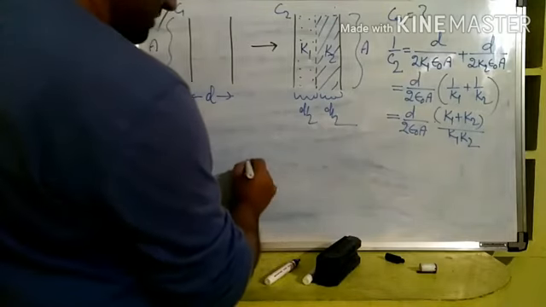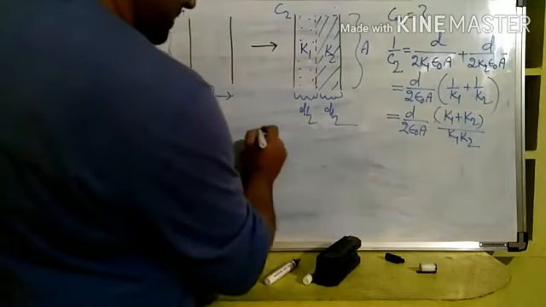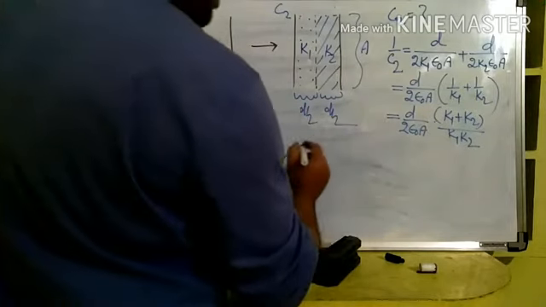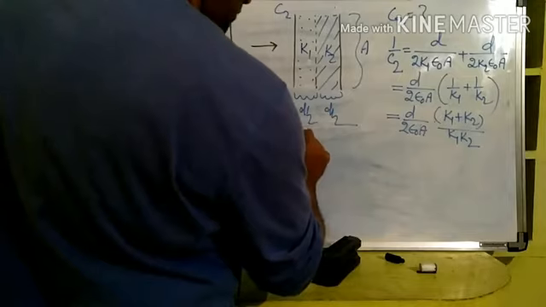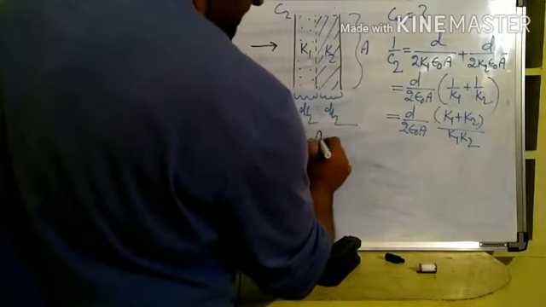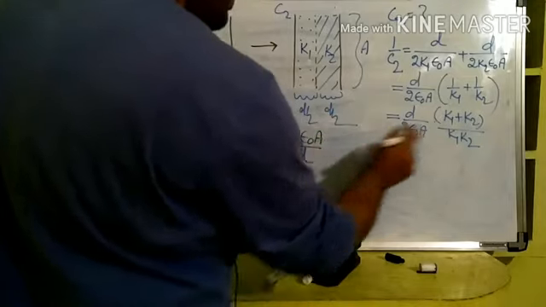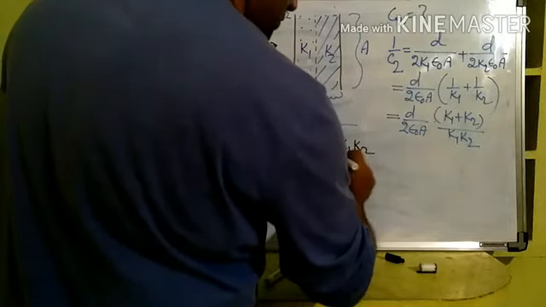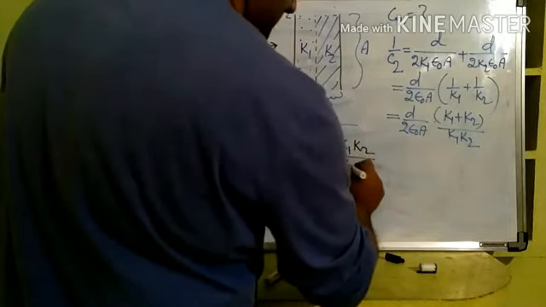Therefore C2 is equal to 2 epsilon naught A by D, reversed, multiplied by K1 K2 by K1 plus K2. Now see, what is epsilon naught A by D? What is C1?